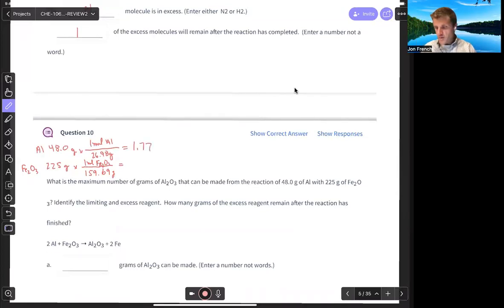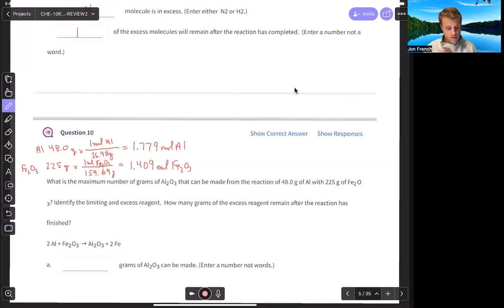So I think this is 1.77. Let me check. 48 divided by 26.98. Yeah, 1.779 moles of aluminum. Do the same thing for the iron 3 oxide, 225 grams divided by 159.69, and I get 1.409 moles of iron 3 oxide. I still can't compare them because they don't have the same units.